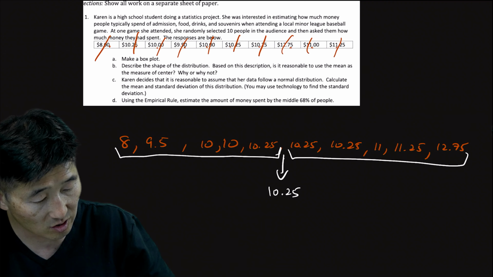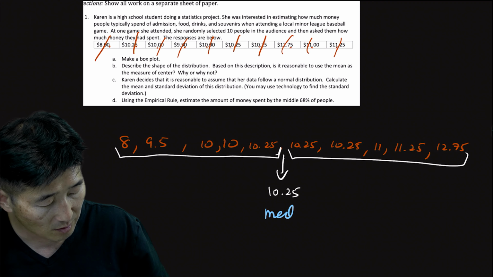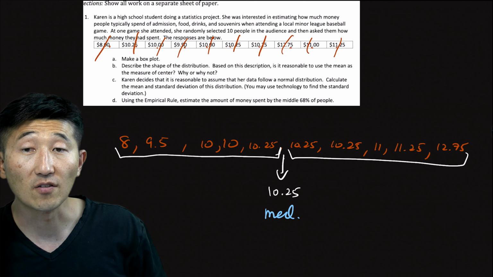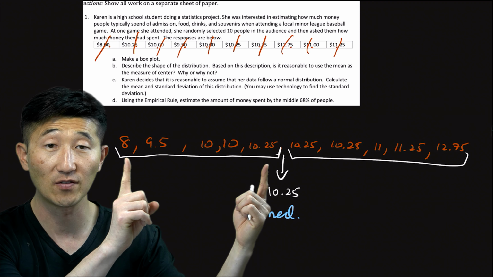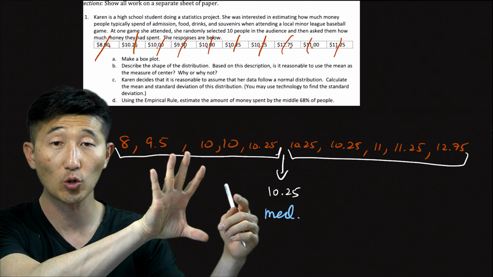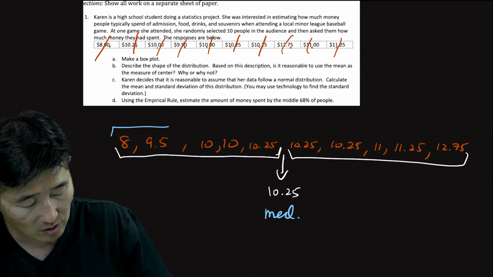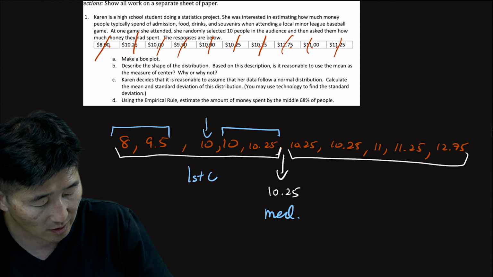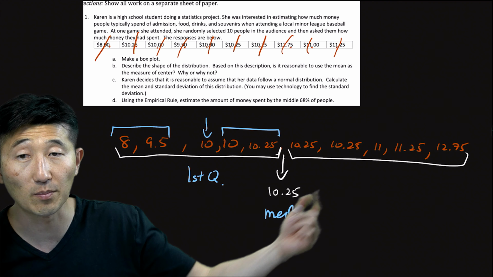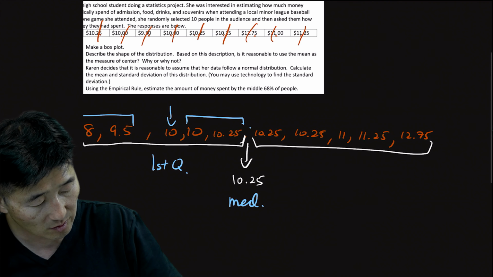So let's write this down. This is median. And then the first quartile is just the half of the first group. Now the first group has 5 numbers, so it'll just be 2 on each side, right? Like that. And so the middle guy happens to be the first quartile. And do the same thing for the second group. See how easy that was?